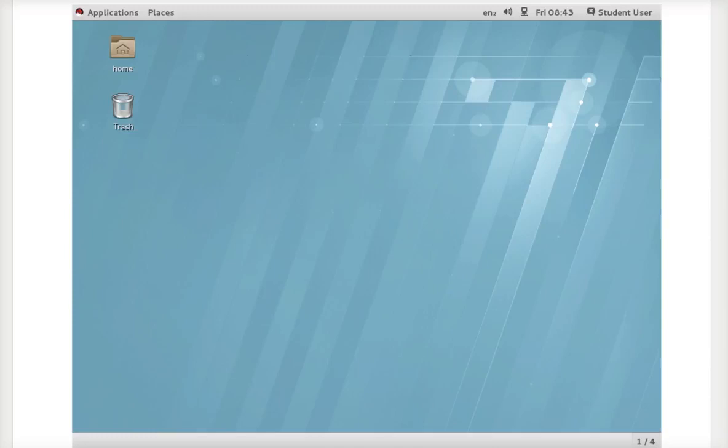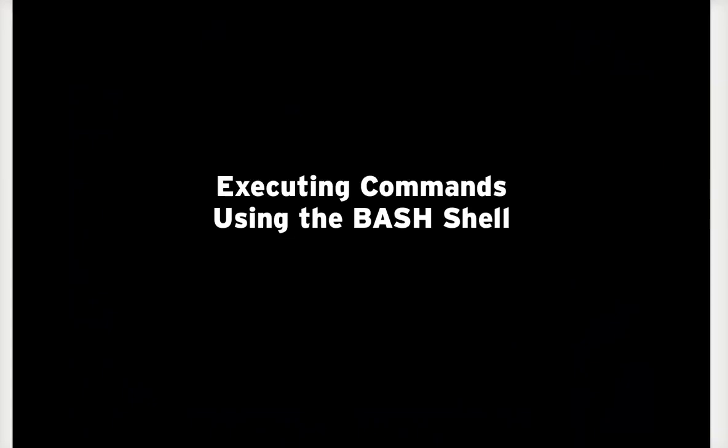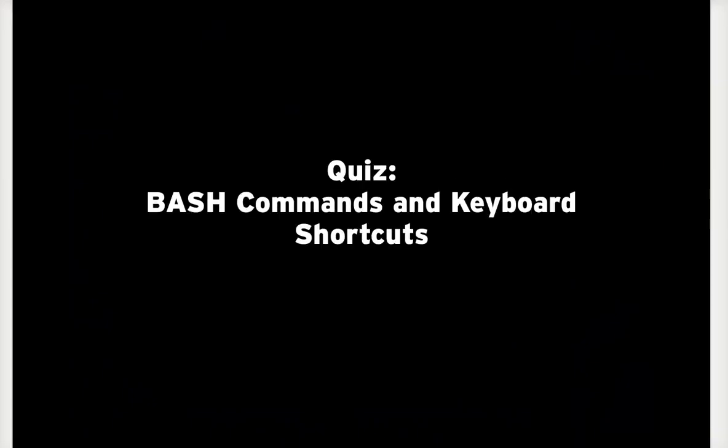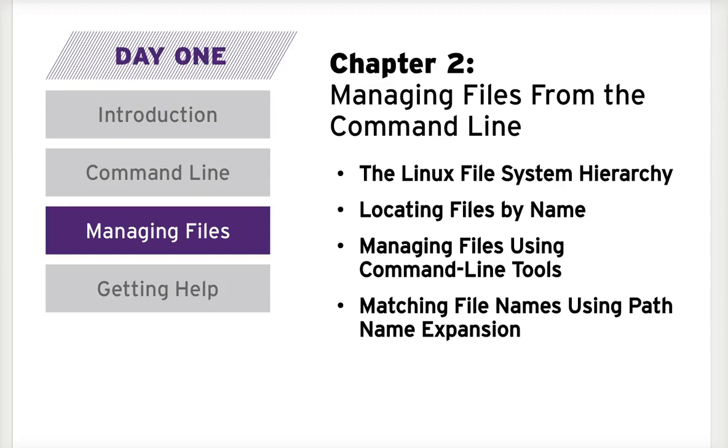This is your desktop, this is the desktop view. GNOME graphical. Executing a command from the bash shell, then bash commands and keyboard shortcuts, and a lab on accessing the command line.